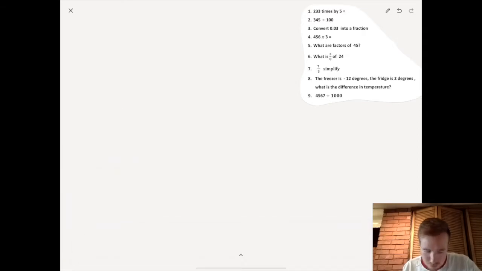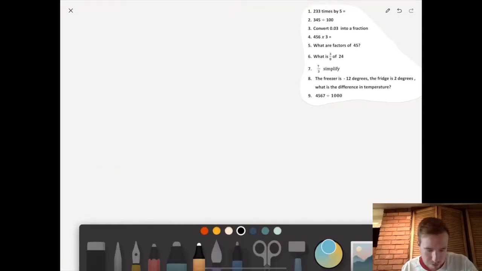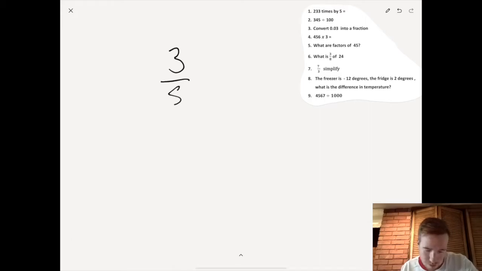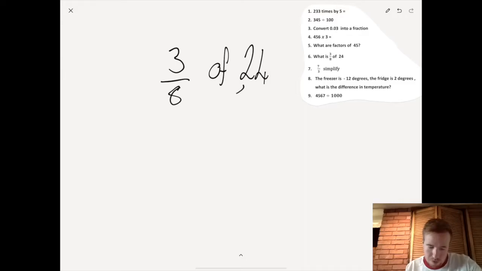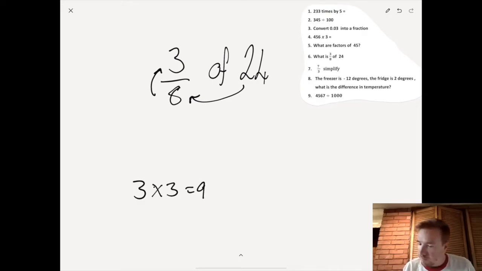Okay, 3/8 of 24. Oops, not writing. By now, divide by the bottom, times by the top. So 24 divided by 8 is 3. 3 times 3 is 9. And that's it. Have I got that right? Yeah. Just loads of working out on the answer there. I was a bit worried.